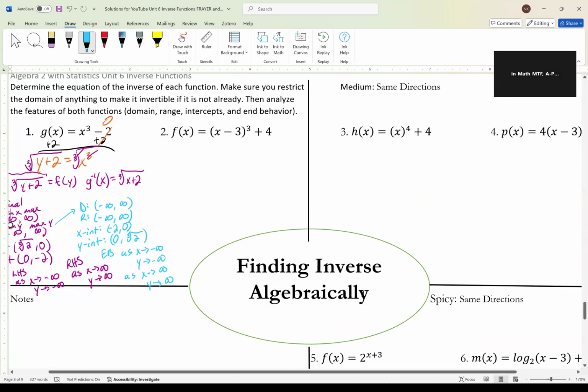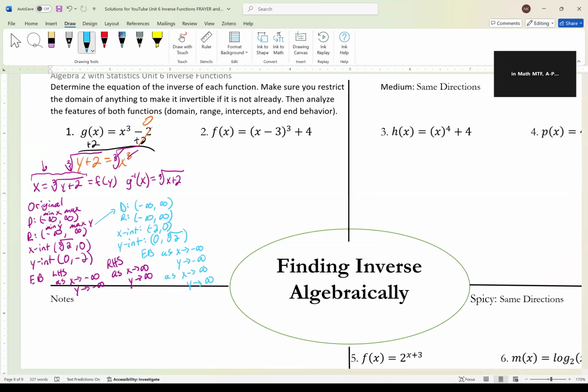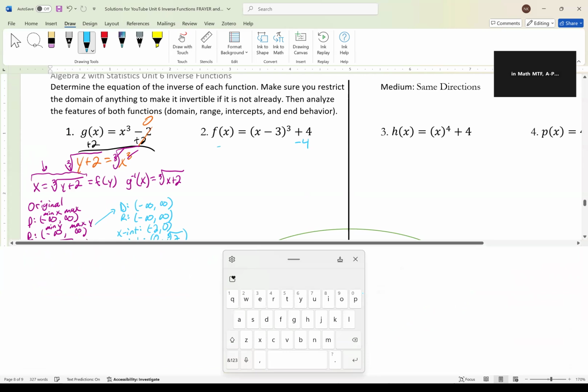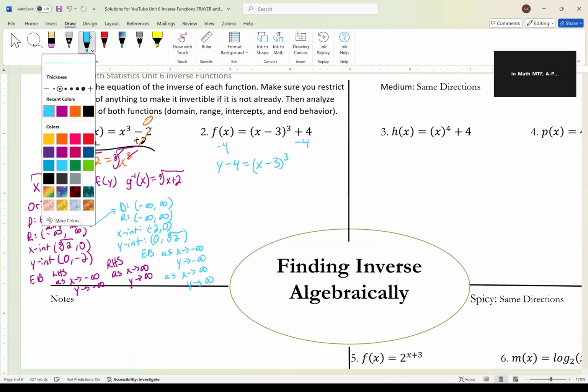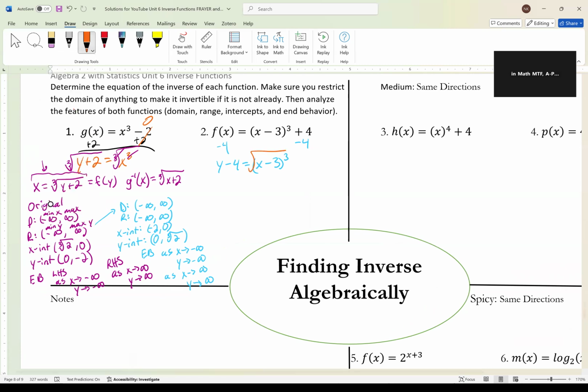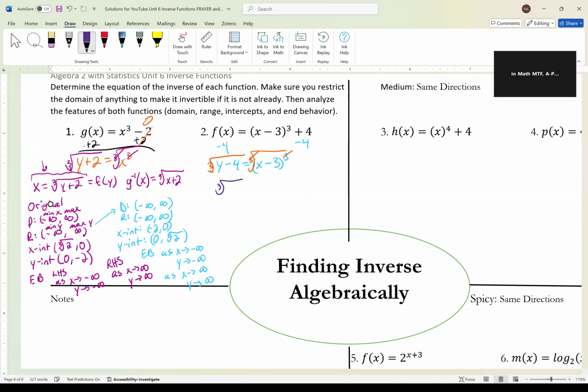In a lot of ways, number 2 is exactly the same. I'll just work through finding the inverse function. So notice -4, -4. So y minus 4 is equal to x minus 3 cubed. And the cube root.